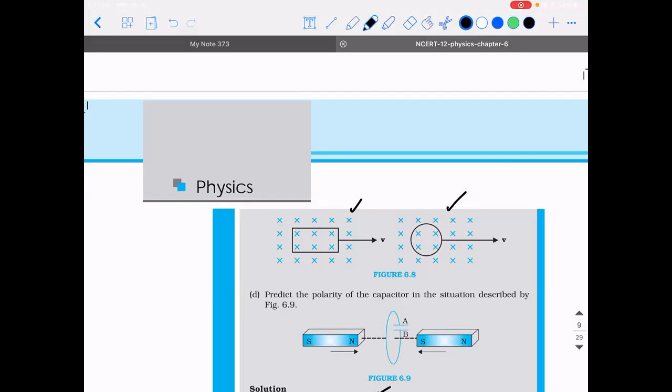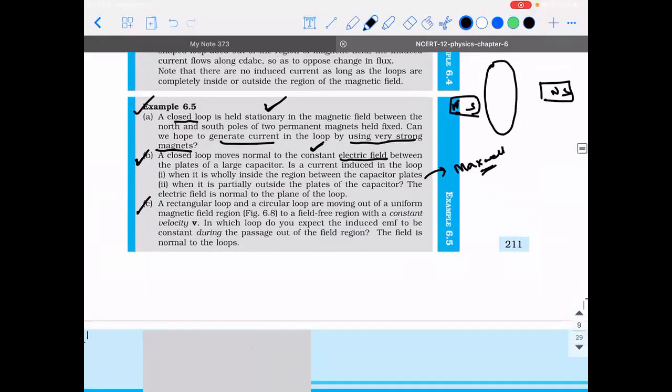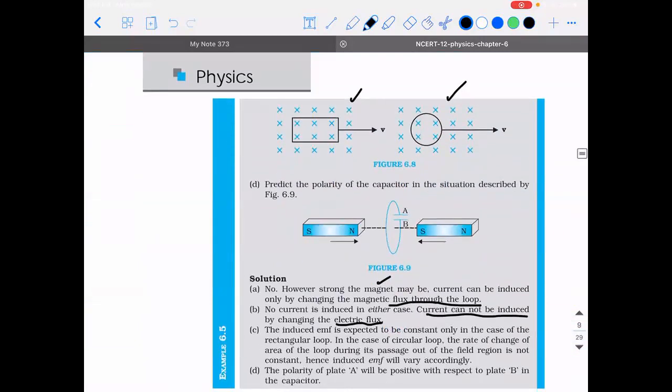So there is a change in magnetic flux because there is a change in area. There is no doubt in that. But if you look at the question, what did they ask? In which loop do you expect the induced EMF to be constant during the passage out of the field region? Means the induced EMF should be constant with respect to time. So what is the formula for EMF?